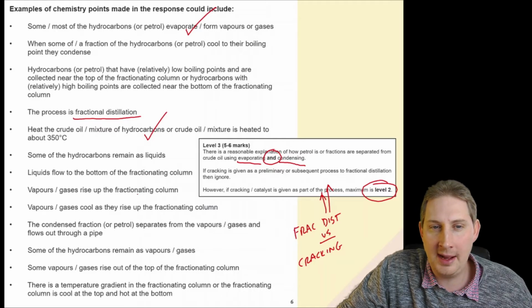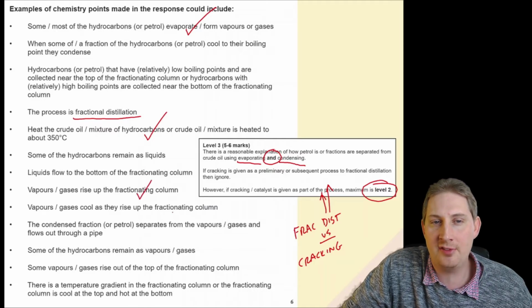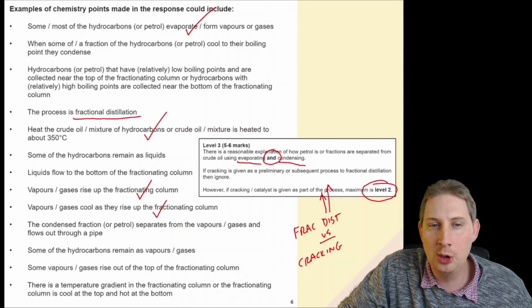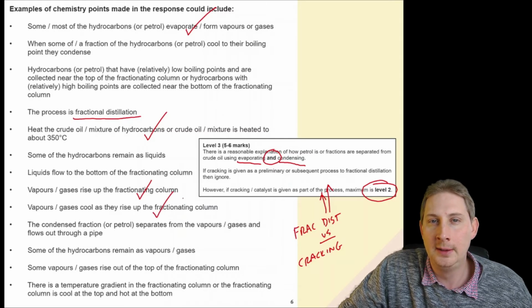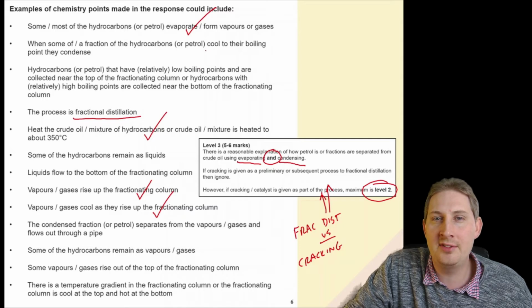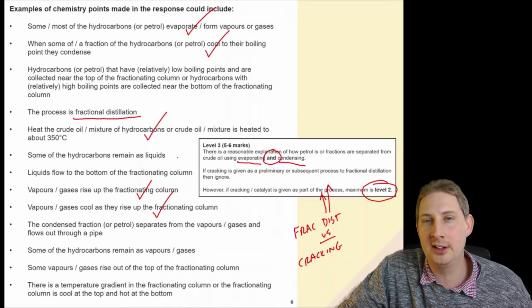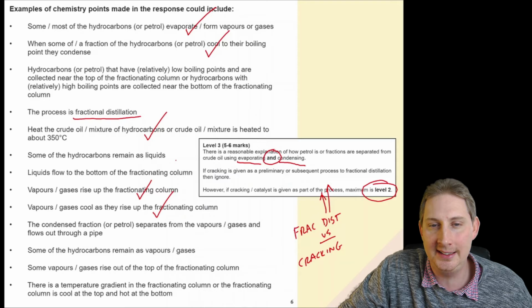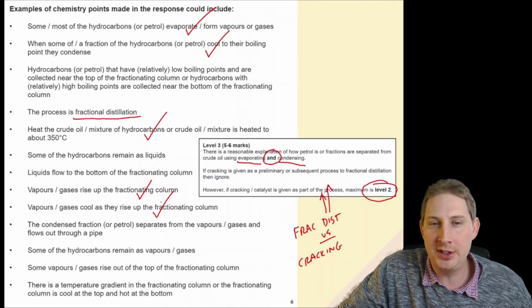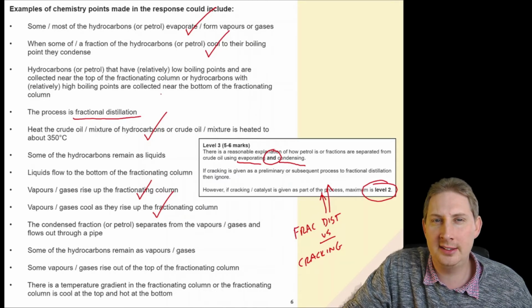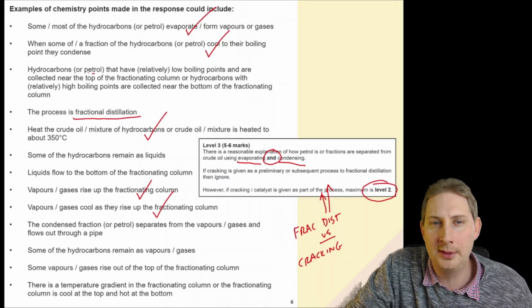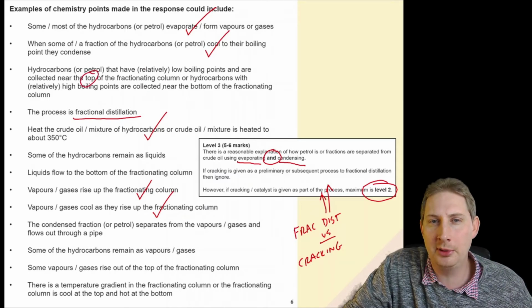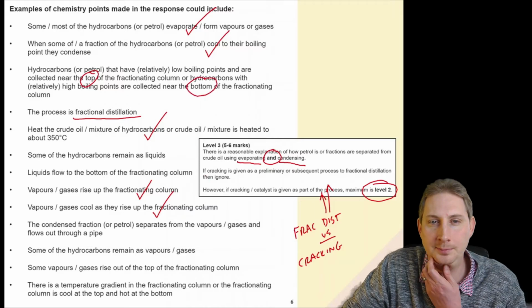Did you talk about gases rising up the fractionating column and cooling as they rise up through the fractionating column? Did you talk about the fact that when they've cooled lower than their boiling point, they will condense? Did you talk about the fact that hydrocarbons with low boiling points come out near the top, while hydrocarbons with high boiling points come out near the bottom?